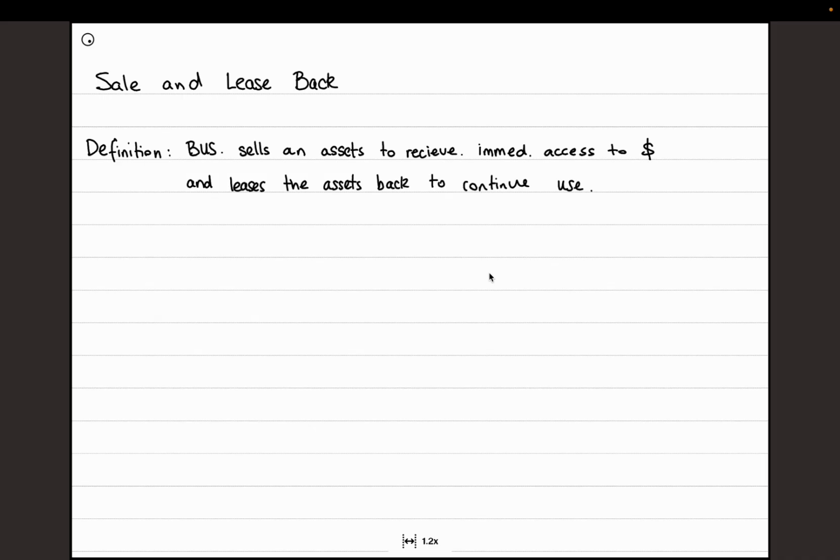Now, the idea behind this, sort of like the concept, we'll run through the concept, is a business has, let's say, a factory, right? And this factory is worth $1 million. The business owns it.